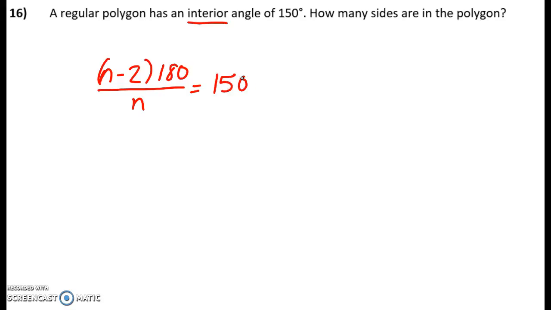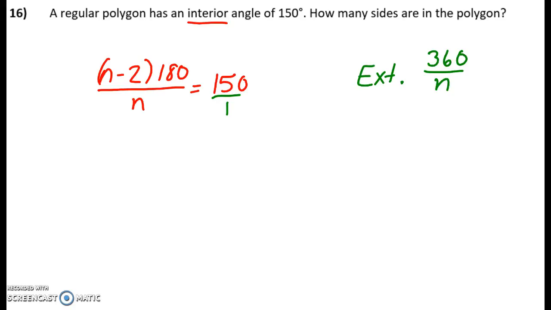Now, if we set up a proportion here, it's going to take a little bit more work because we're going to end up with variables on both sides, which is not something that we don't know how to do and how to solve for, but the easier route is to find the exterior angle, which we know is 360 divided by the number of sides.